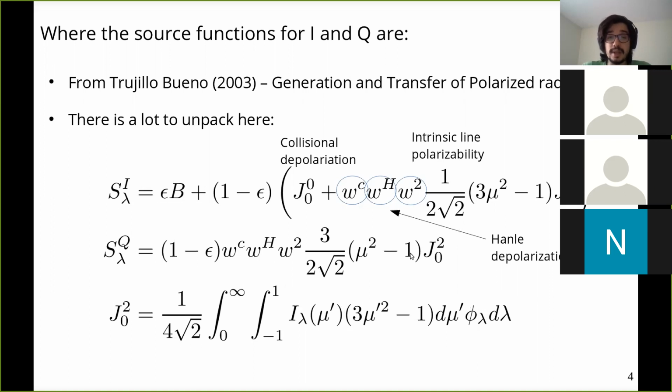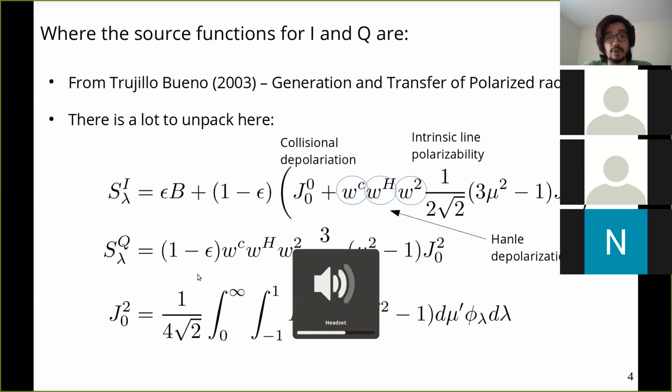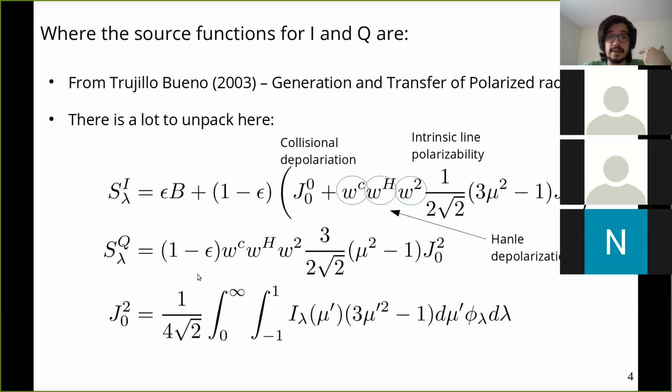And there are a few interesting things. One interesting thing is that if mu is equal to 1, the source function for Stokes Q is 0, right? And mu equal to 1 corresponds to the radiation that propagates along Z. And this basically tells us that a Q along Z is going to be 0.